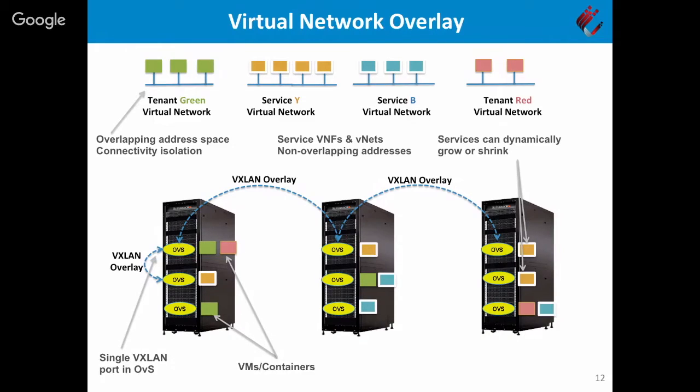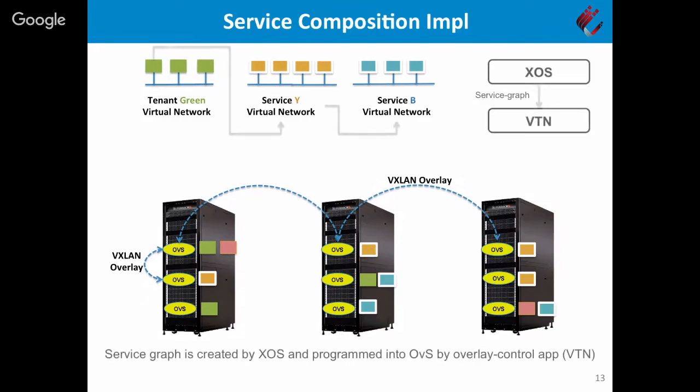So that's one construction. The second construction is that you have the ability via XOS to say that this is the service graph that I want for a particular kind of traffic. Okay, so this particular service graph says that from the tenant green virtual network, or that particular instance in that virtual network, I wish to go to service Y, but I won't tell you which VM to go to in service Y. Any VM or any container that instantiates service Y is fine.